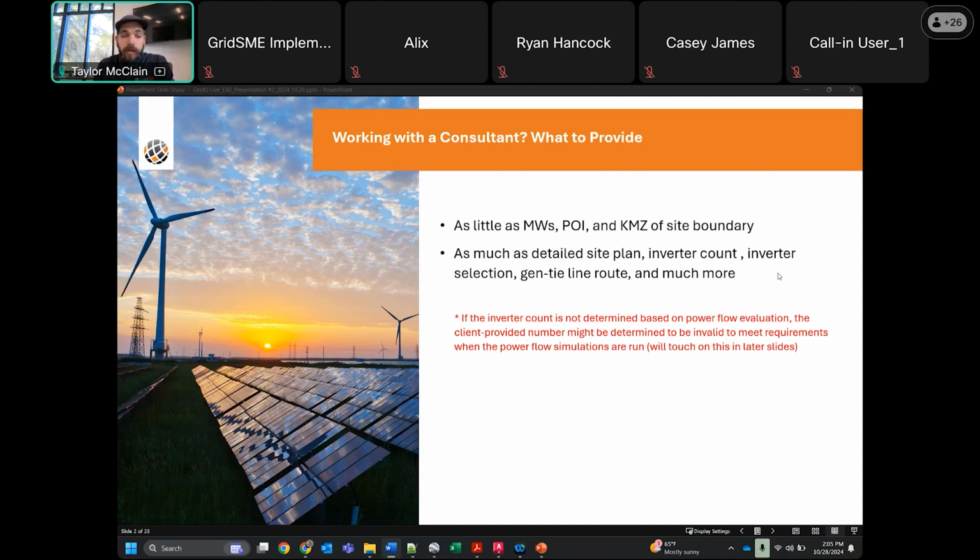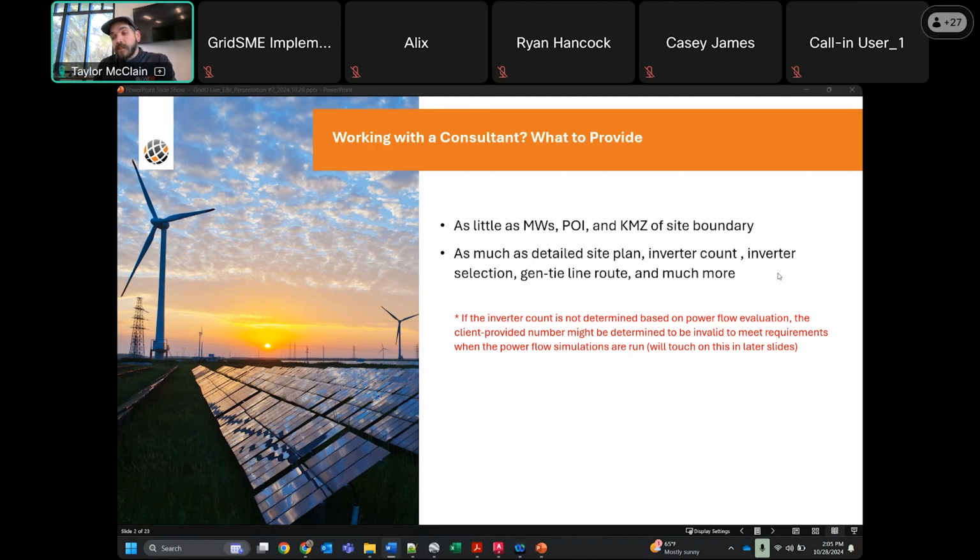One of the things that we notice a lot is when a client does come to us with an inverter count, there are often times when the power factor requirements, the losses, things like that weren't quite vetted out. And so we'll run a power flow and we'll say, hey, we need to add another inverter in order for this to meet all of the requirements.